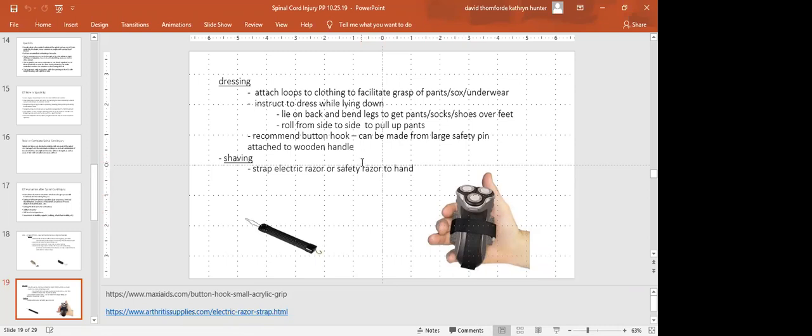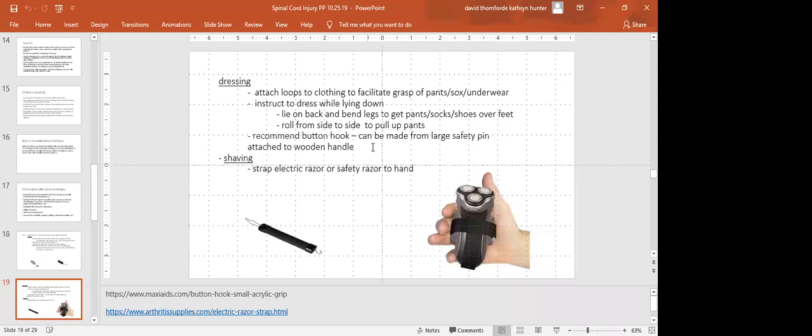If they're dressing, the problem is usually being able to grasp the clothing. If you can sew loops onto pants or socks or underwear, then even if they can't grab the socks or the underwear, they can stick their fingers in the loop and pull them up.